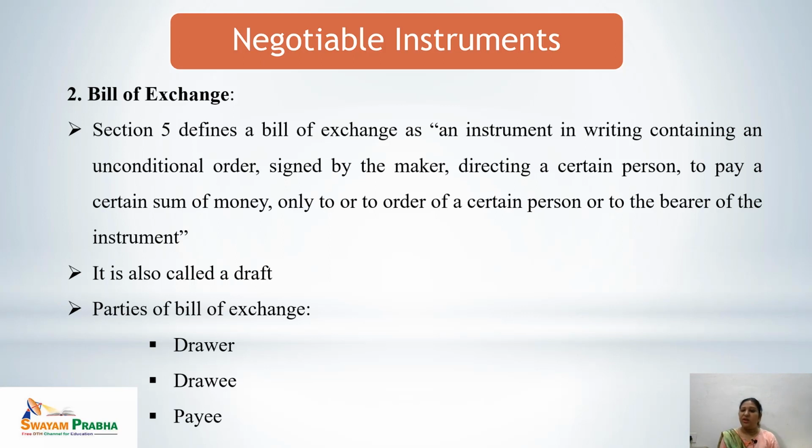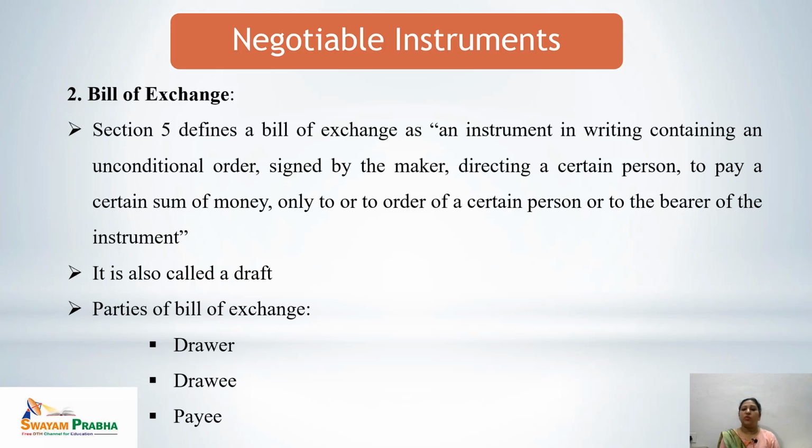An instrument in writing containing an unconditional order signed by the maker directing a certain person to pay a certain sum of money only to, or to the order of, a certain person or to the bearer of the instrument is known as a bill of exchange. More or less, the features of a bill of exchange defined in section 5 are similar to the features of the promissory note defined in section 4 of the Negotiable Instruments Act.